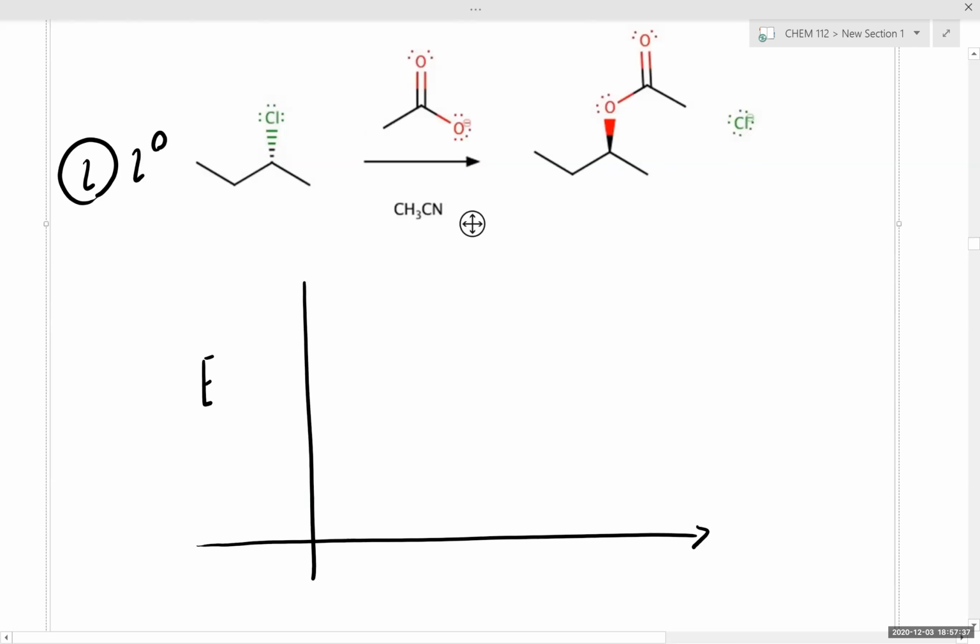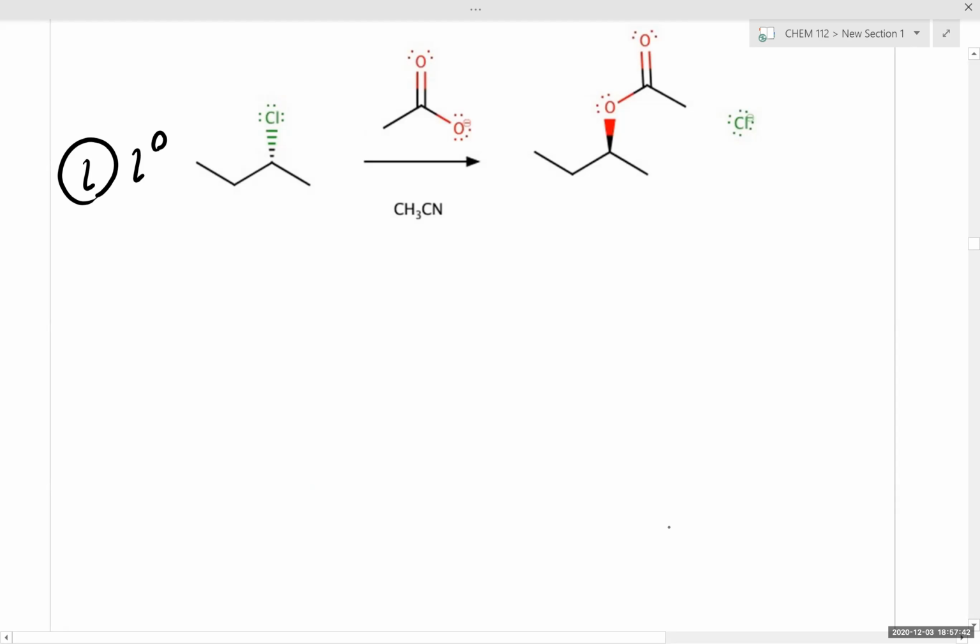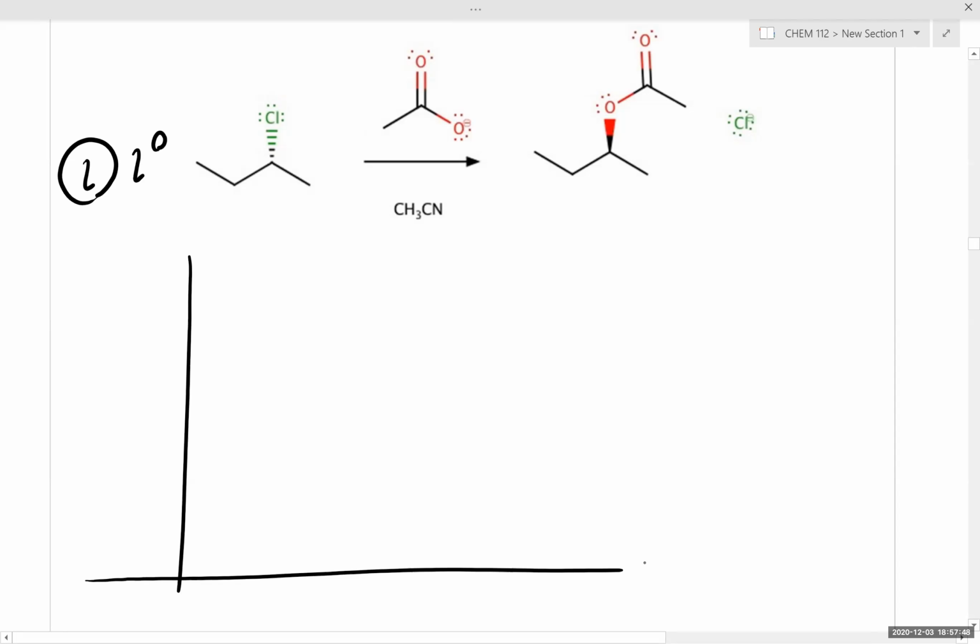It's just important to make sure your presentation is as clean as possible in terms of how you've organized these parts. So the way that I like to set up my reaction coordinates is, first I like to think about my substrate, my starting material. In other words, I like to think about my reactants, then I look at my transition state, and then I look at my products. Okay?